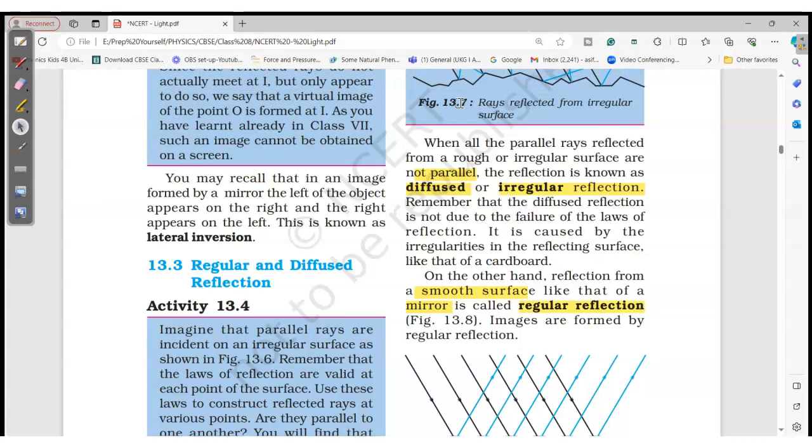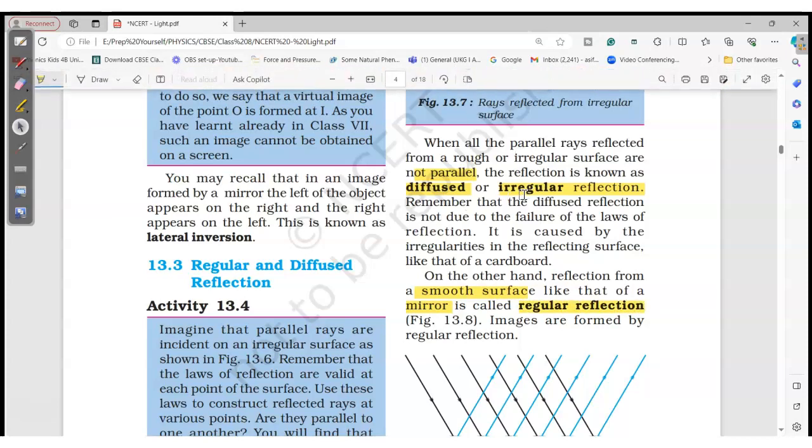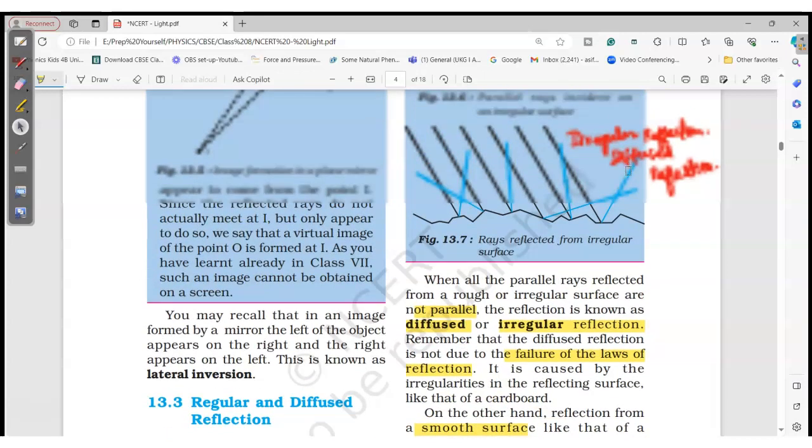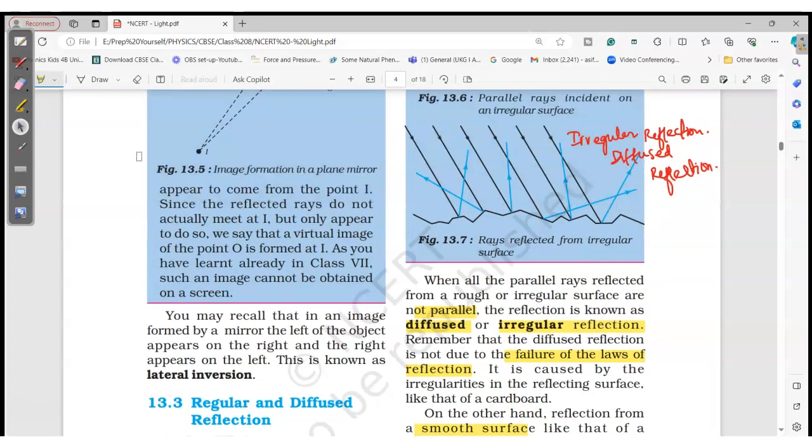So why are the reflected rays not parallel in case of irregular reflection? It is not because of the failure of the laws of reflection. The laws of reflection are true for both cases. In case of a regular reflection, they will follow the laws of reflection. Remember everyone, there is a question from here.